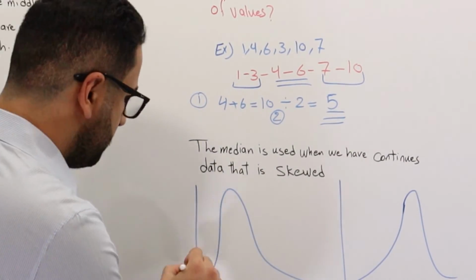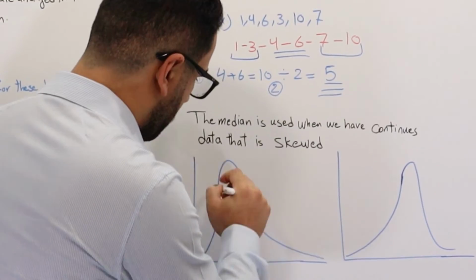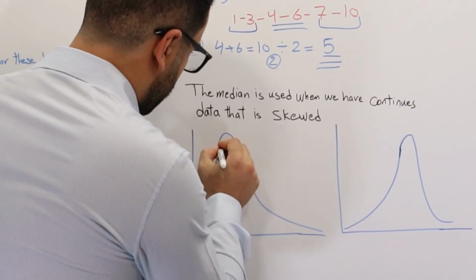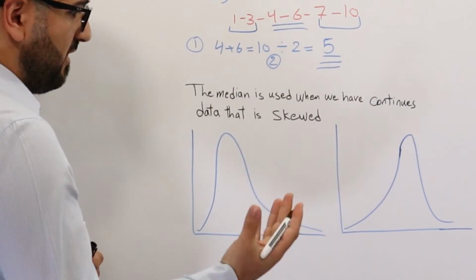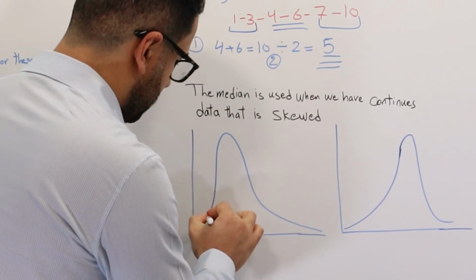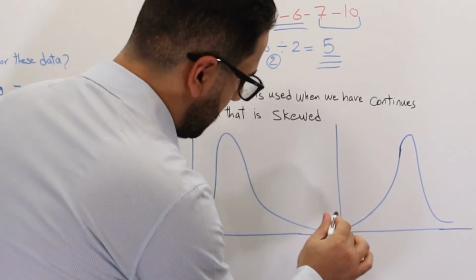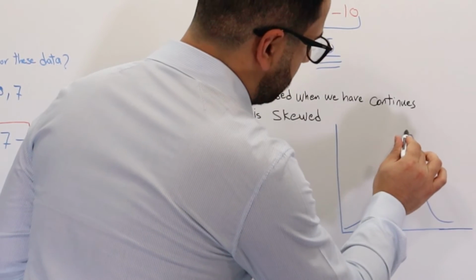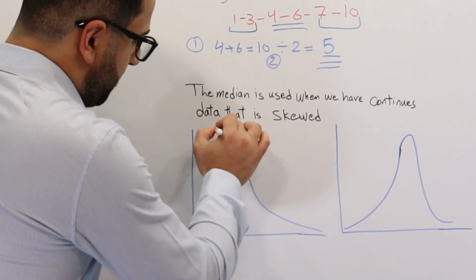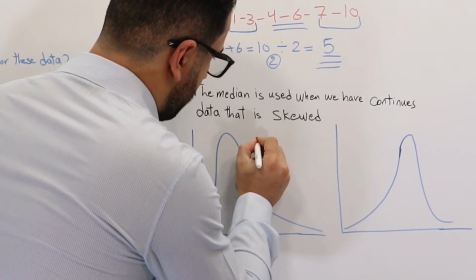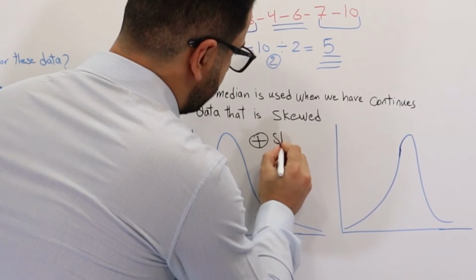As you see this curve going up so quickly, it's just like you lost something and found it quickly. It's not taking a long time to get all the way to the top. So this is positively skewed.